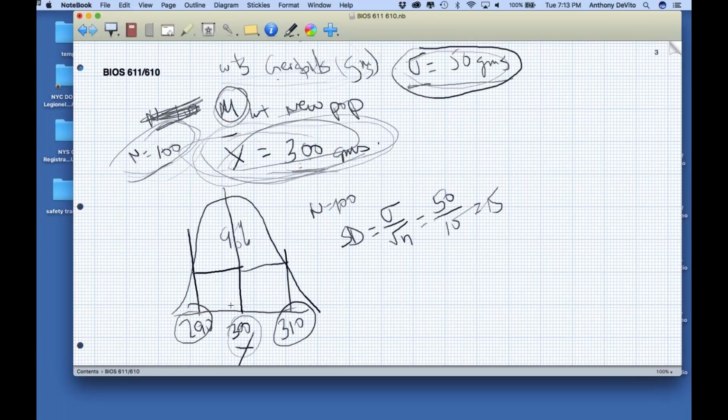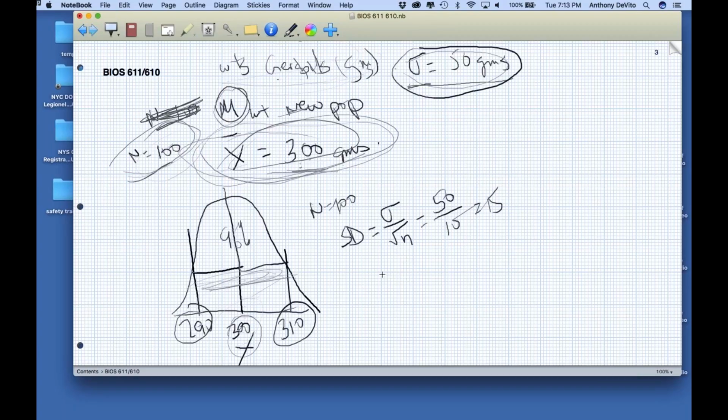Okay, so we can't use this to really say what this spread would be like around 300, but we can use it a different way. I don't really know what the population mean is, and I can't really use it that way, but let me use this a different way.